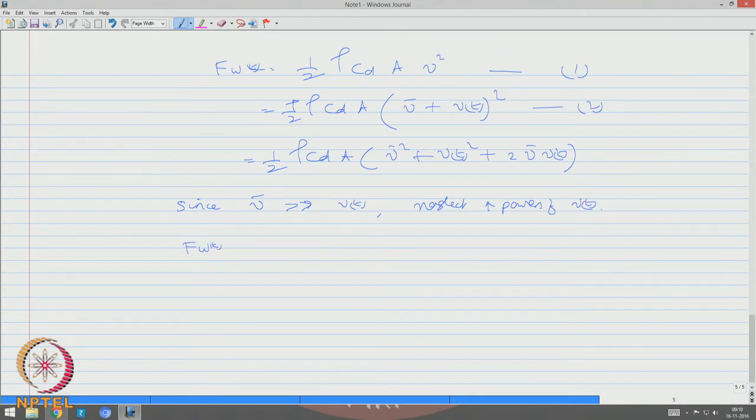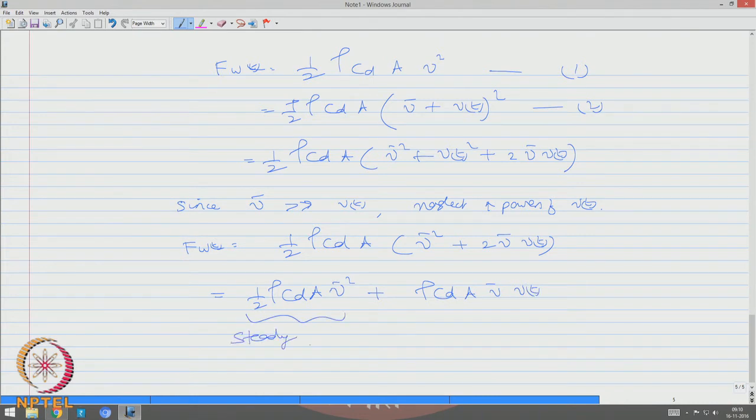Therefore, F of t can be said as half rho C d A V bar square plus 2 V bar V of t. Expanding, half rho C d A V bar square plus rho C d A V bar V of t. So, this component is called the steady mean drag force.